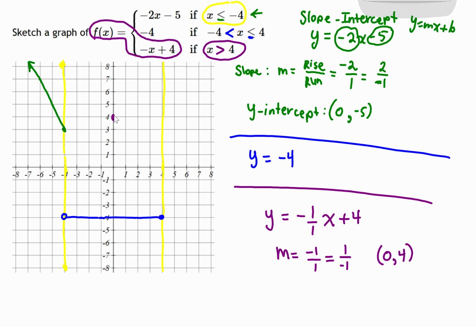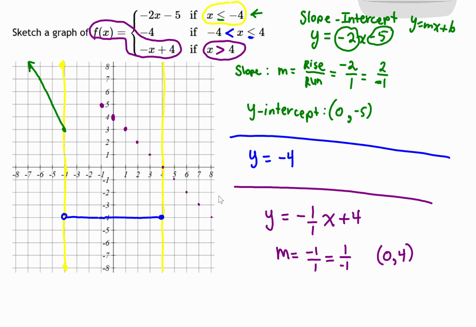I'm sorry, up and backwards 1 because it's a -1. So I can go up in the positive direction for the rise and backwards in the negative direction for the run. Or from that same point, I could have gone down in the negative direction for the rise and positive for the run. And notice that that's going to keep giving me more points if I keep doing that.